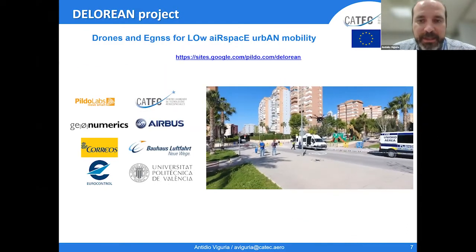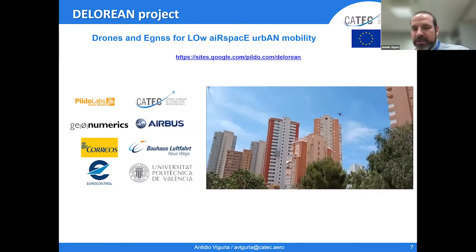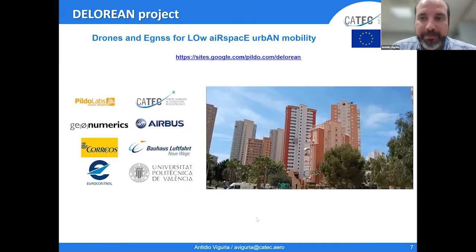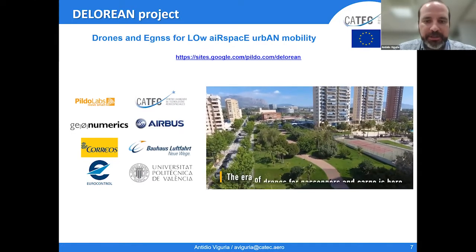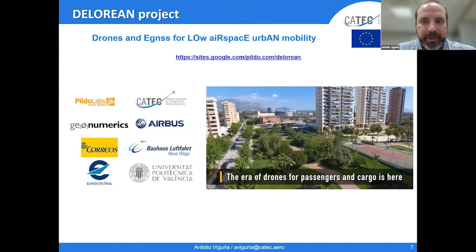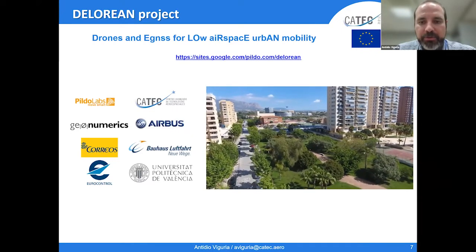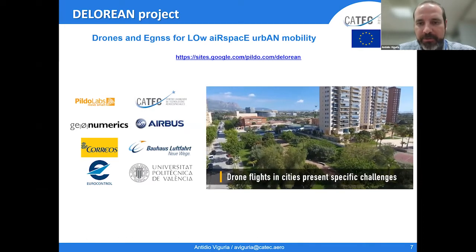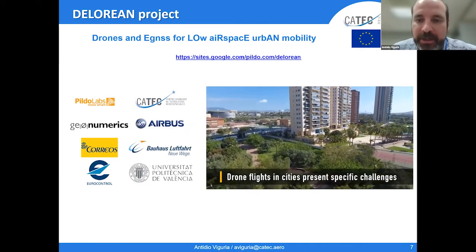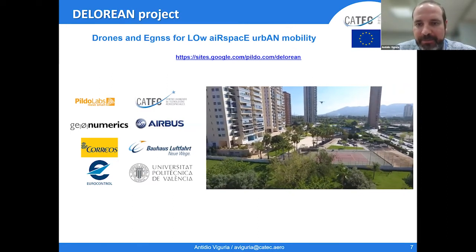Also, all this technique can be used as well in urban environments. In urban environment, for example, we have this DeLorean project where we are developing navigation solutions for this urban environment, especially for landing and taking off when you are in these urban canyons, when, okay, you have some GNSS coverage, but maybe it's not so good.